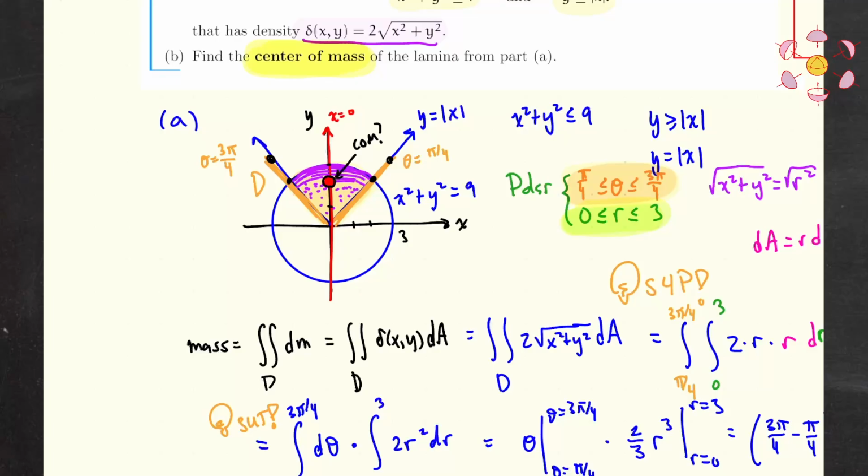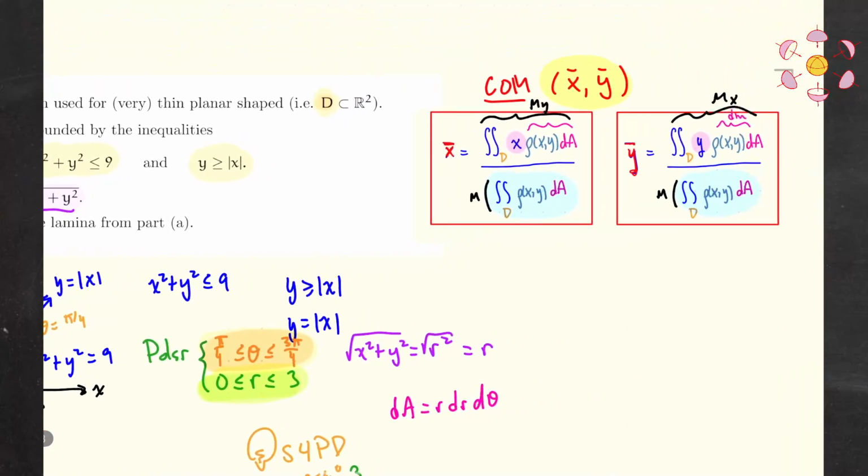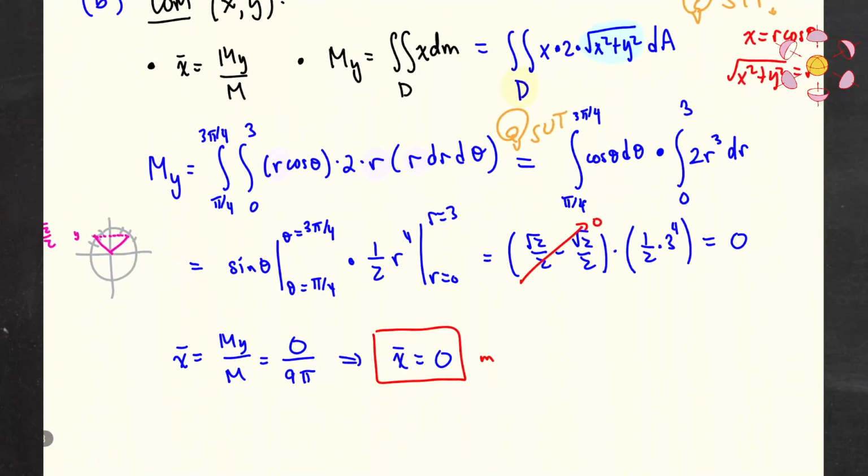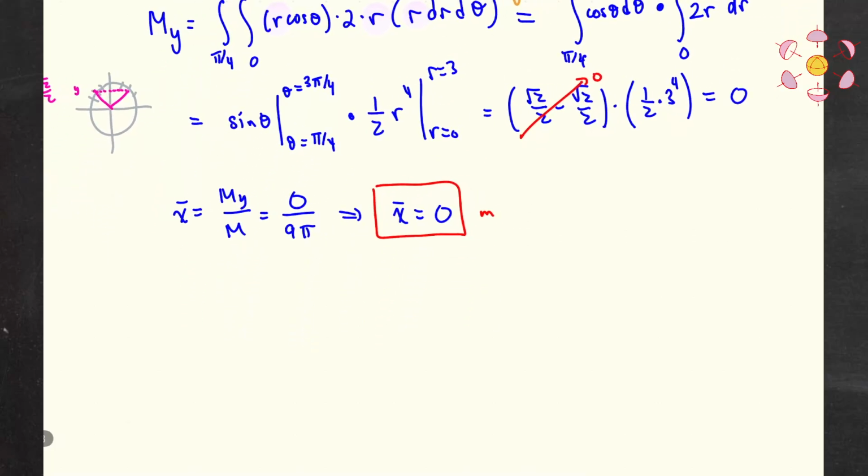So time to calculate our second coordinate. Those are our formulas. Here we go. y bar is Mx over M. What is that? Well, Mx is, as a reminder, the double integral over the lamina D. Mx is the distance to the x-axis, which is where the y comes in.